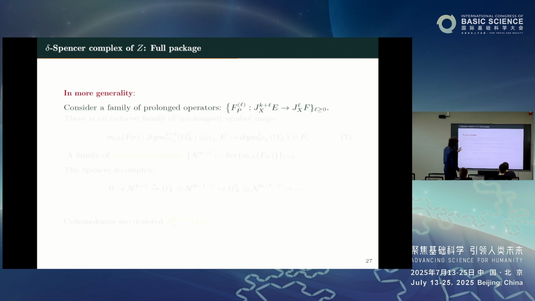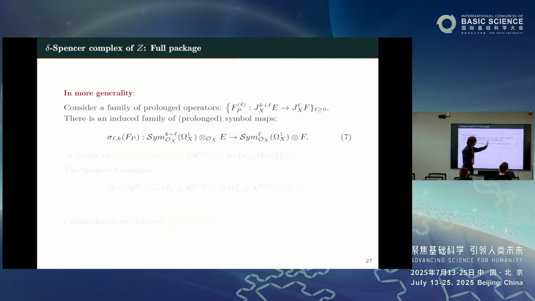Yeah, here. I can also look at this more extended version of operators from jet k plus L of E to jet L of F, after prolongations. Okay, do the same thing. In each level, you can have operations between these. So you have some tower for jet k of E, k plus L, k minus L. You have some tower here, right?